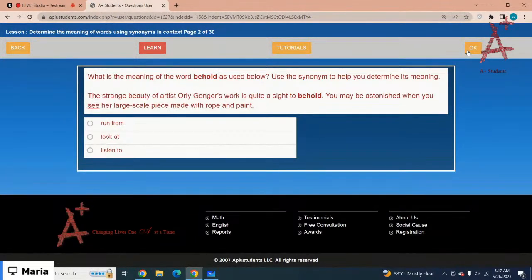The strange beauty of artist Orly Ginger's work is quite a sight to behold. You may be astonished when you see her large scale piece made with rope and paint. The question is, what is the meaning of the word behold as used below? Use the synonym to help you determine its meaning. Basically, the word behold means here look at. Got it?